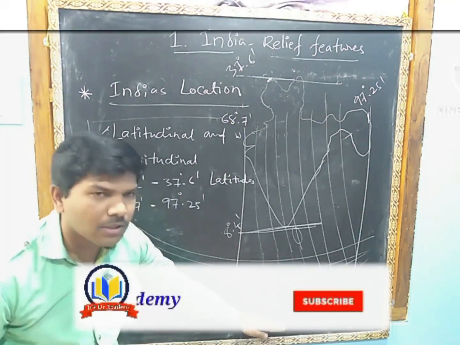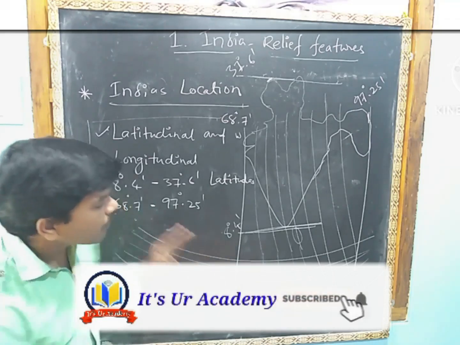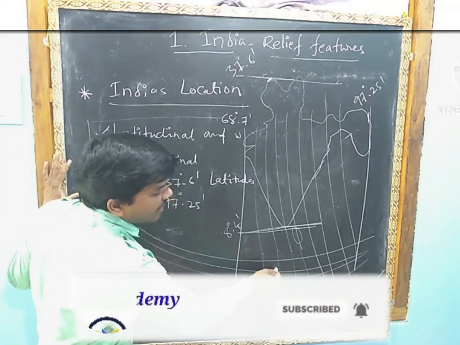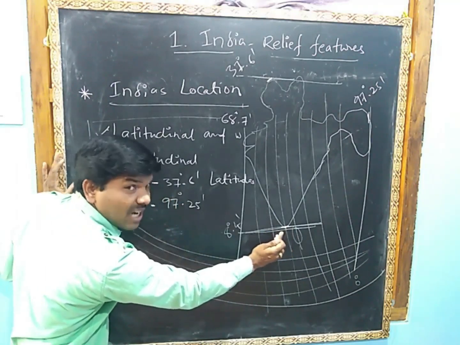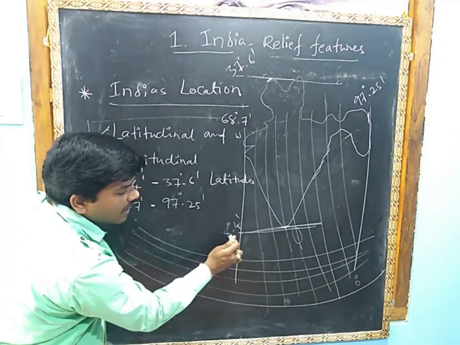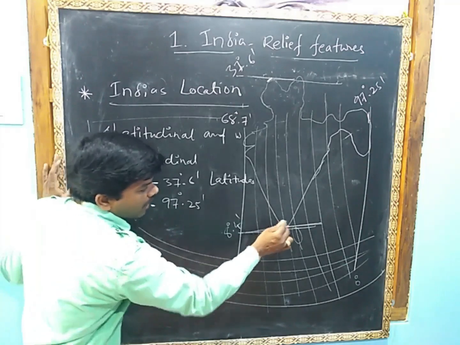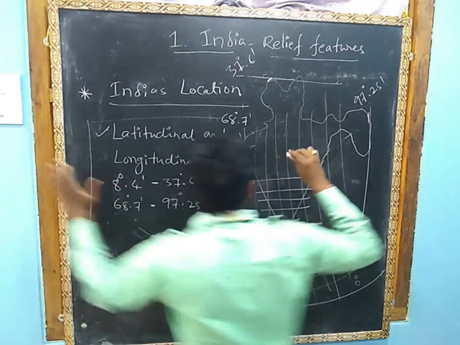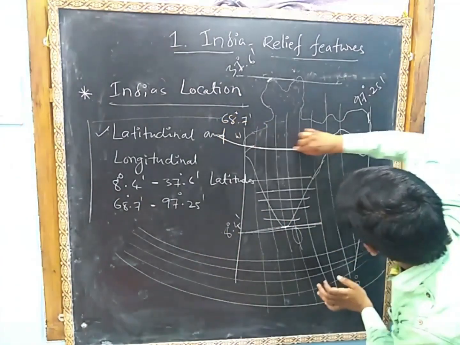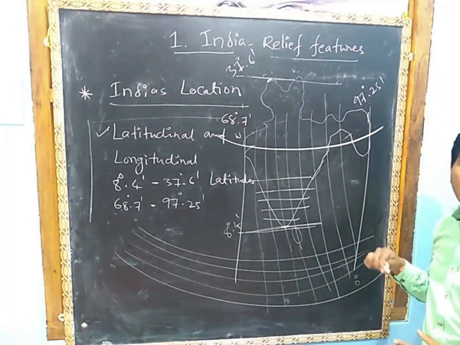Whenever we move north of the equator, the latitudes increase. So India's mainland will begin from 8 degrees 4 minutes. When we move from this side, here is one latitude which will divide India into two.